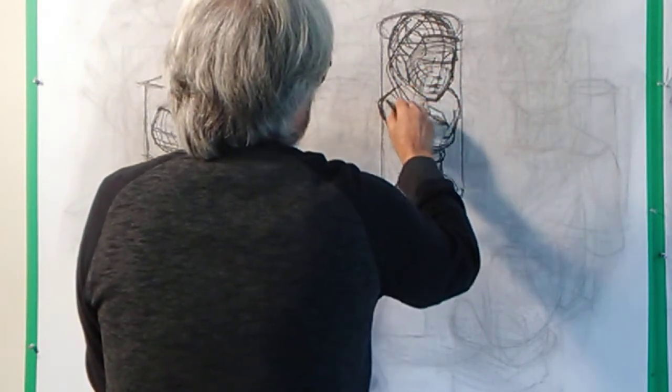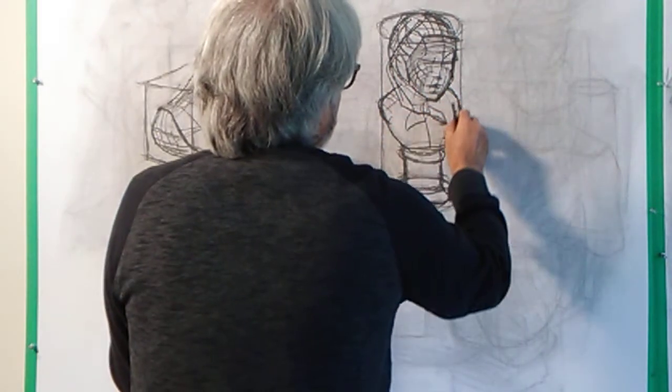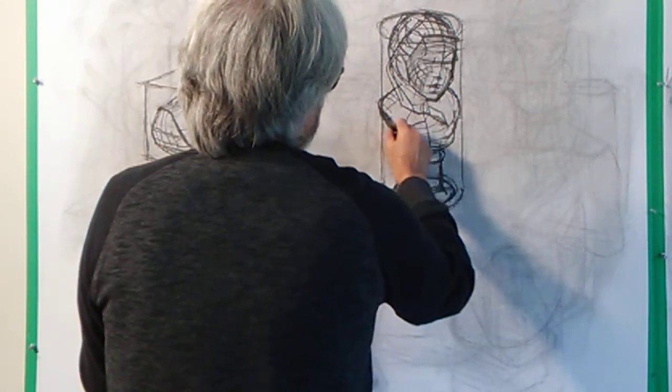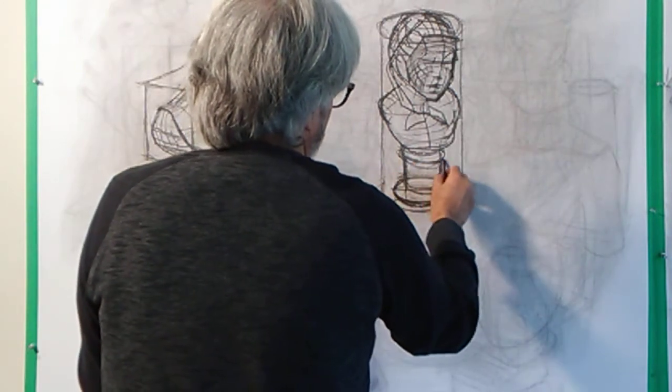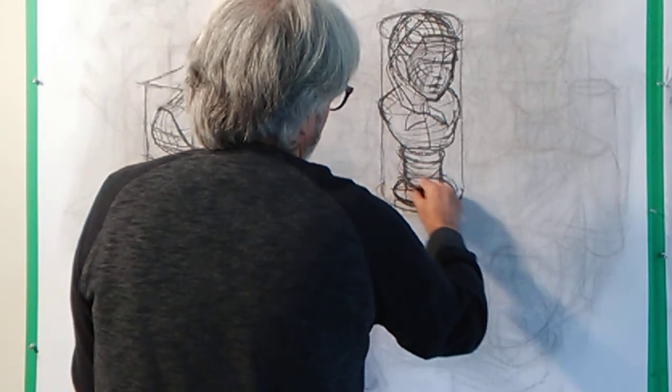And there's a top plane. And there's a front plane. And as these come out, they would come out this way. And of course, there's a cylinder here. So watch the angles.